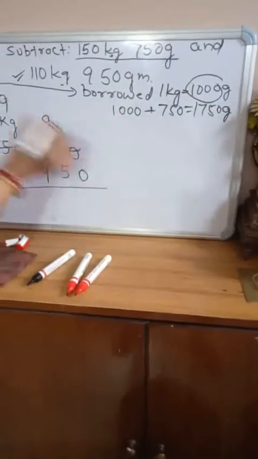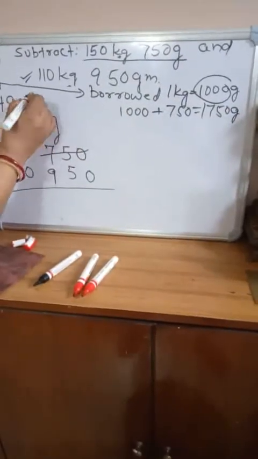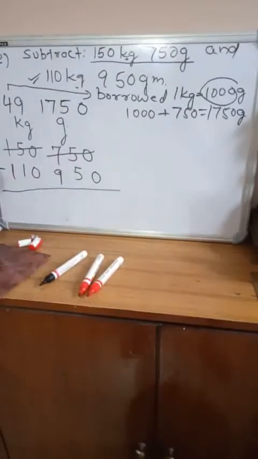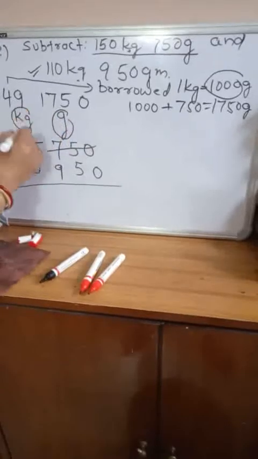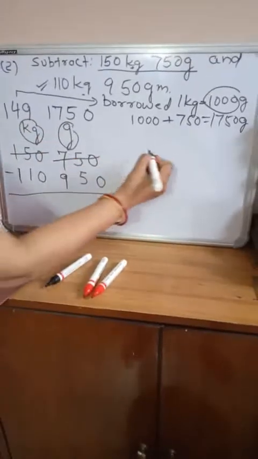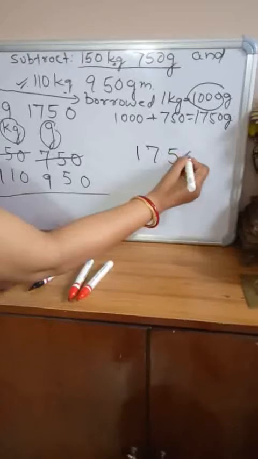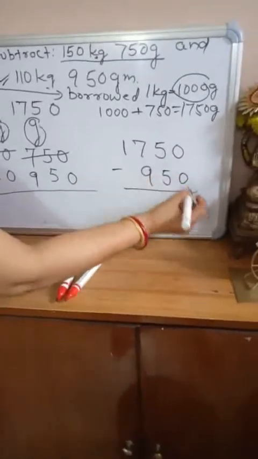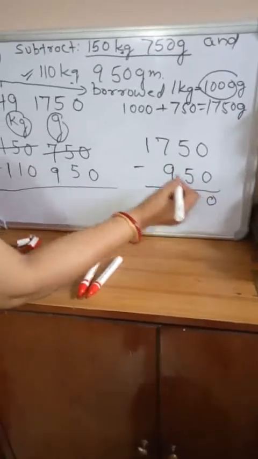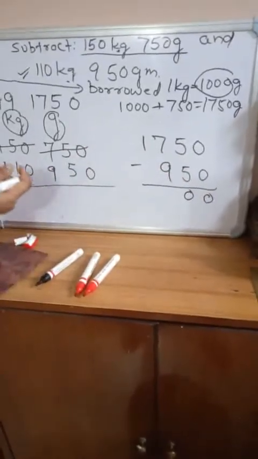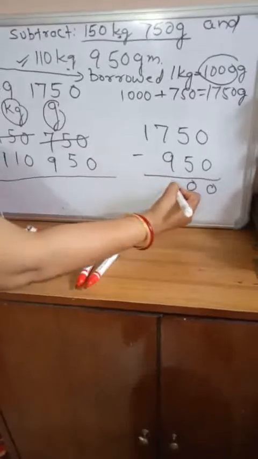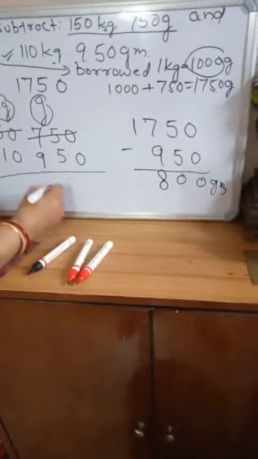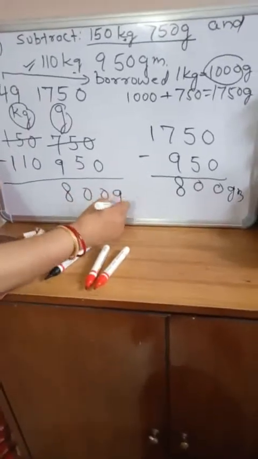Correct? Now we will do the subtraction. 1750 minus 950. 0 minus 0, 0, 5 minus 5, 0, 17 minus 9 will be 8. So it becomes 800 grams.